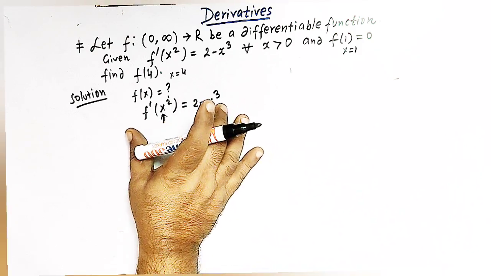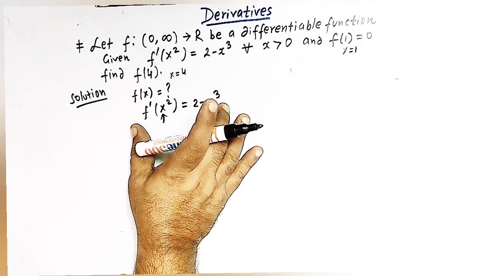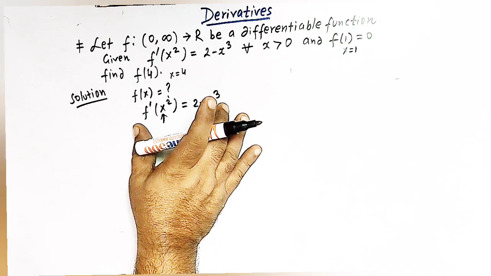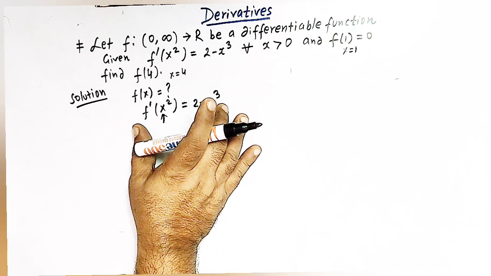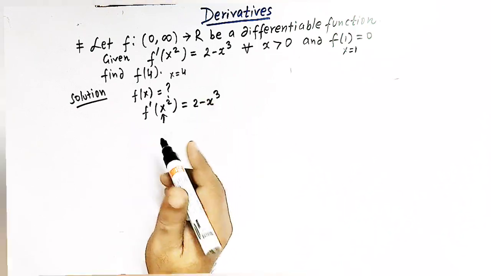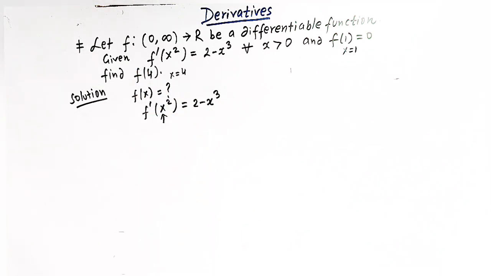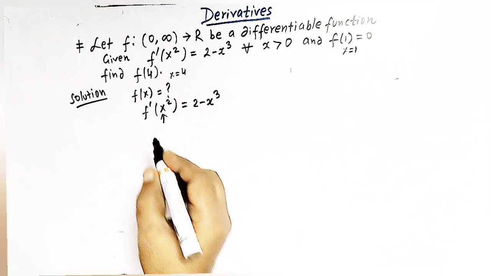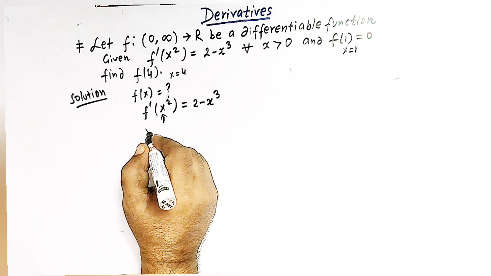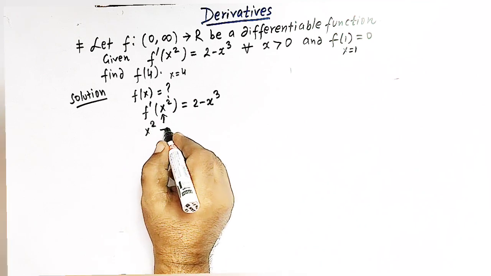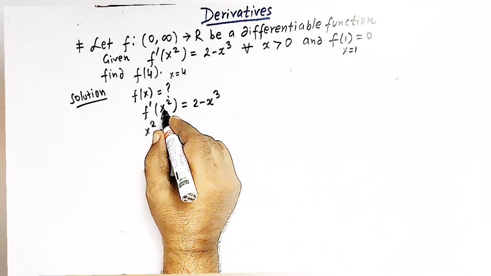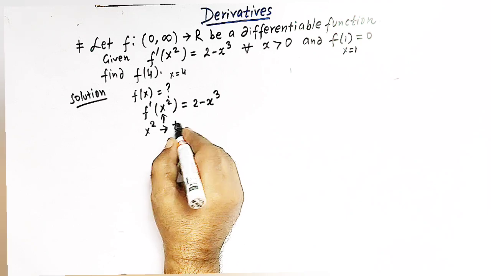If we closely observe this expression, we can see that this is a functional equation in which the derivative of f is involved, right? So let us replace x square by some other variable, say t.